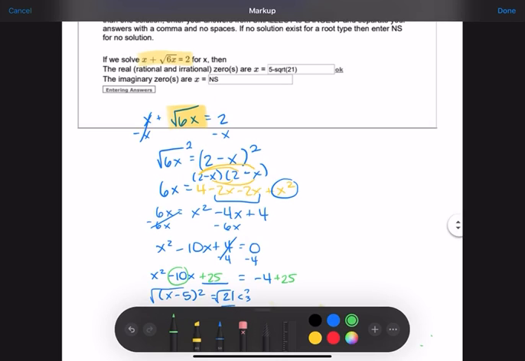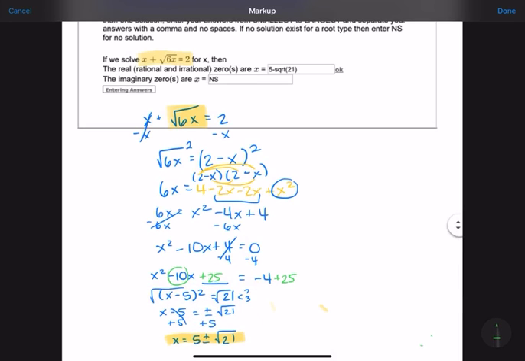So I will try 5 plus square root of 21 first, and I'm going to plug that in for x back in my original equation and see what happens. So I have x, so I'm plugging in 5 plus the square root of 21 plus the square root of 6 times 5 plus the square root of 21 equals 2.